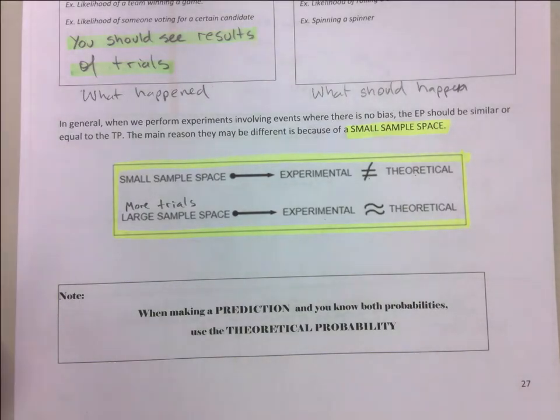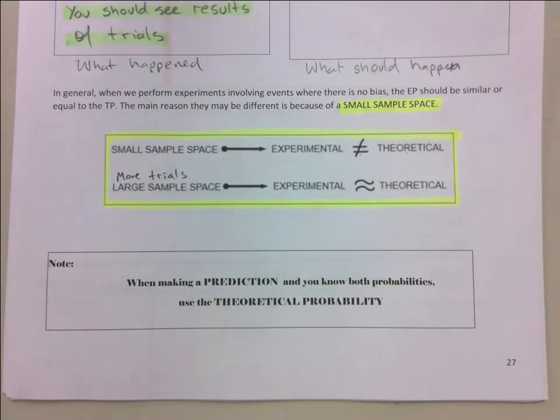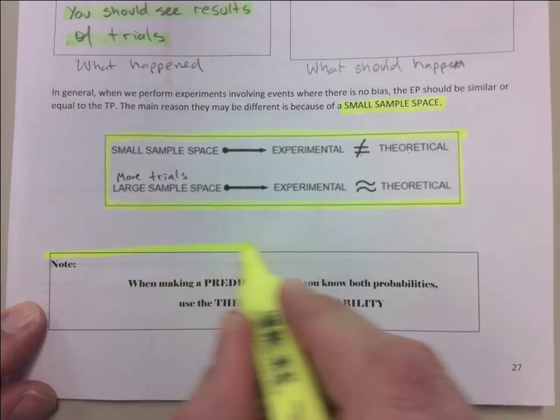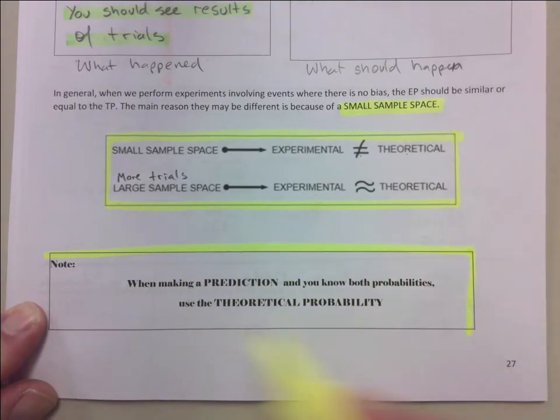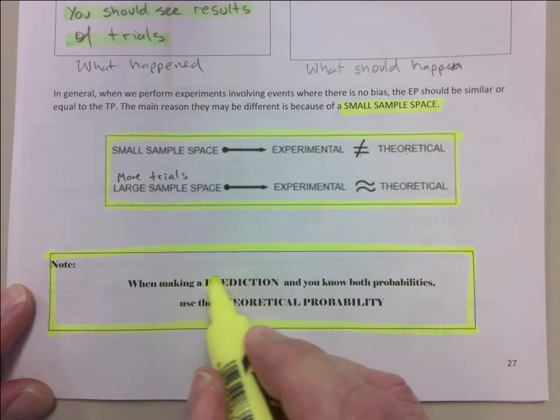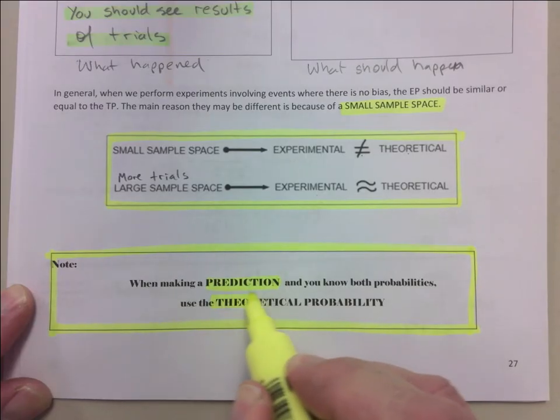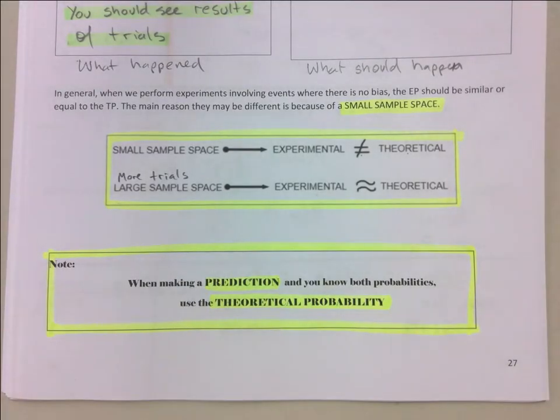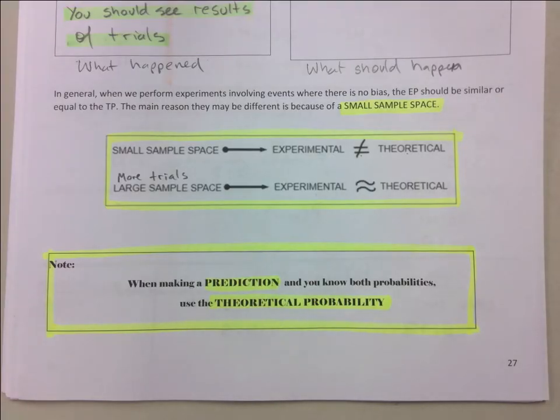And another one worth highlighting: when you're making a prediction and you know both probabilities, for a prediction, you want to be using theoretical probability most often. Most often.